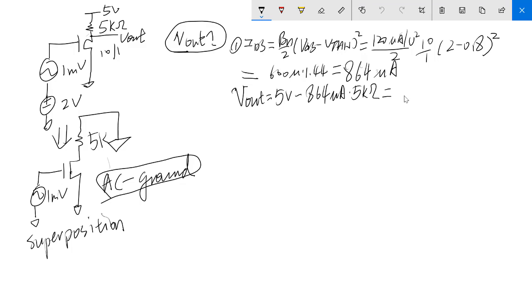So it's finally 5 volts minus 4.32 volts, which is, wait, this is too tiny. No, that's not possible.